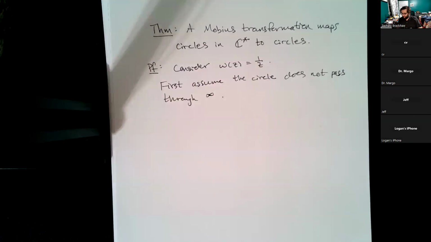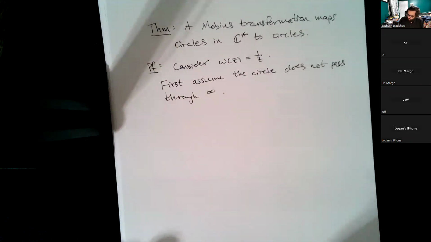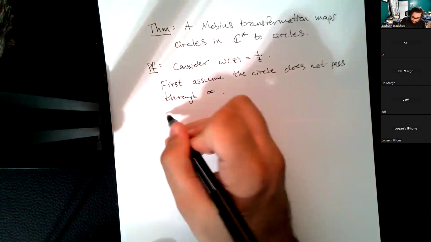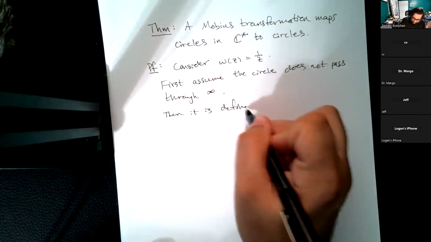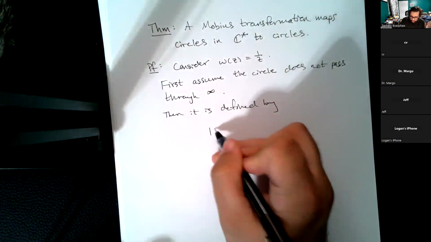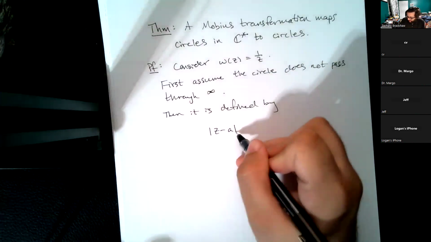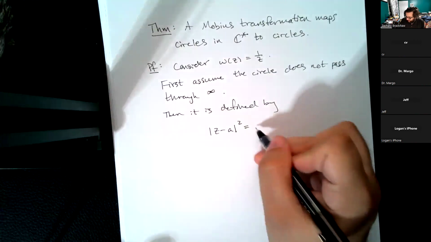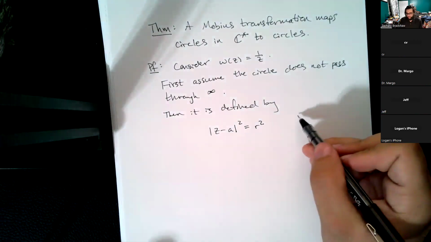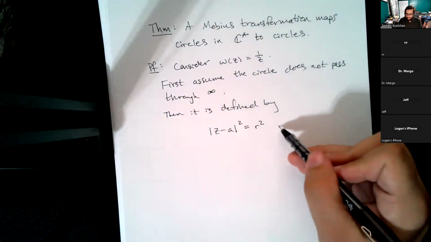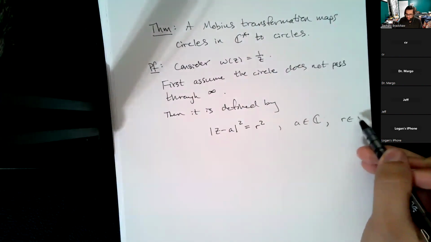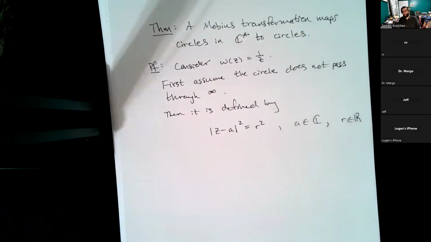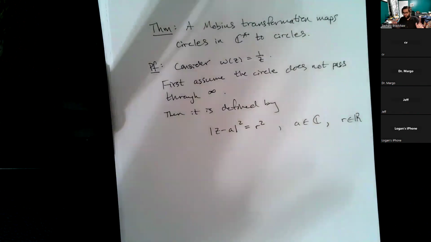It's not a line. Well, then it is defined by some equation of the form modulus of z minus a, squared, equals r squared. So a is some complex number, and r is the radius, so that should be real, and r should be greater than 0.